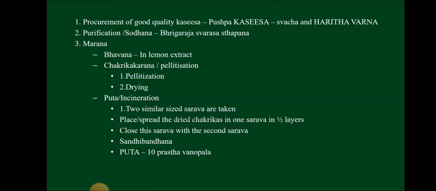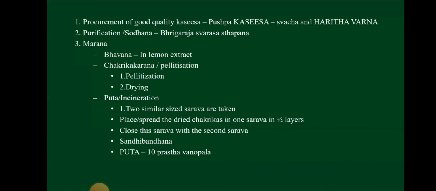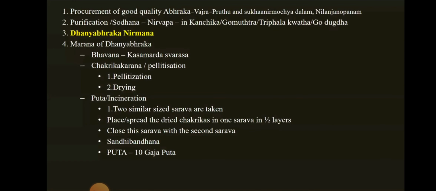One Prasta is equal to 768 grams, so 7,680 grams of Vanopala has to be taken to prepare Kasisa Bhasma. So this is the general method of Marana of Rasadravya. But there are some exceptions to this general method, which is what I'm going to tell you next.